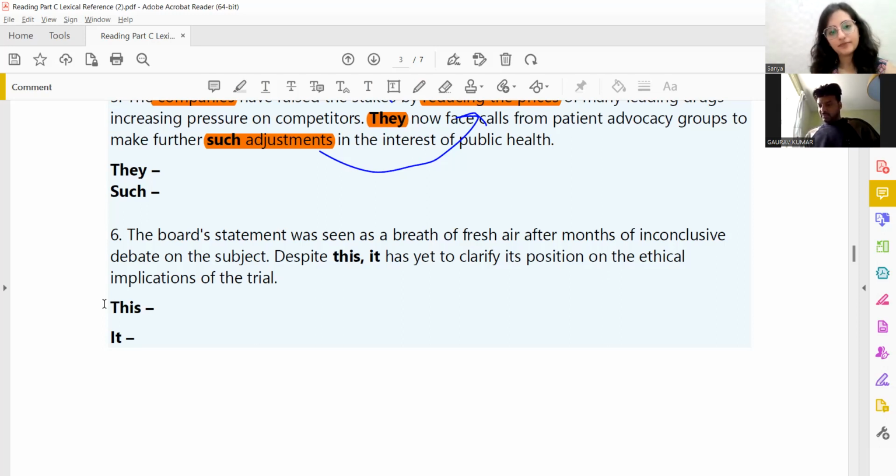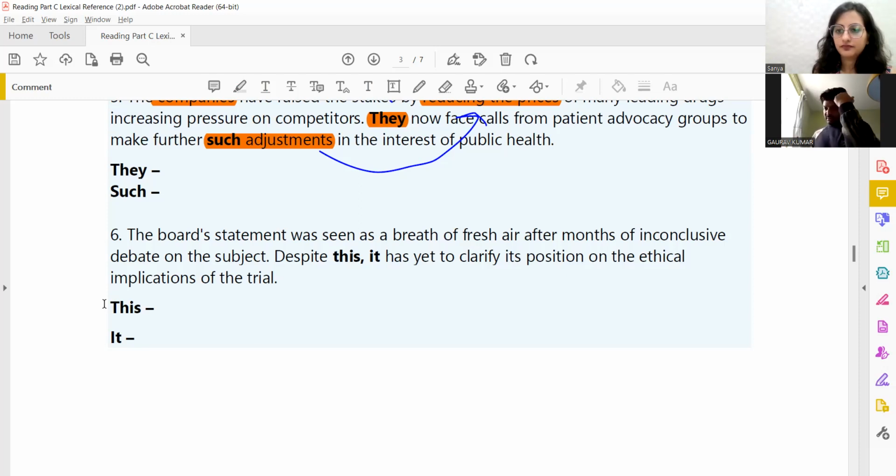The board statement was seen as a breath of fresh air after months of inconclusive debate on the subject. Despite this, it has yet to clarify its position on the ethical implications.